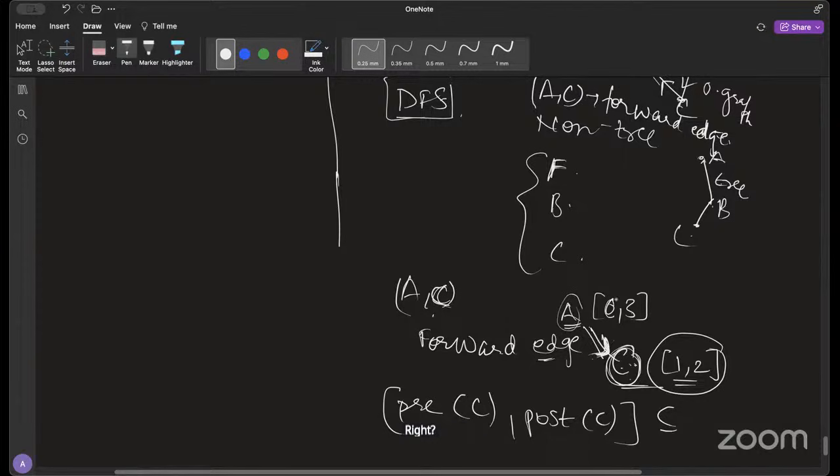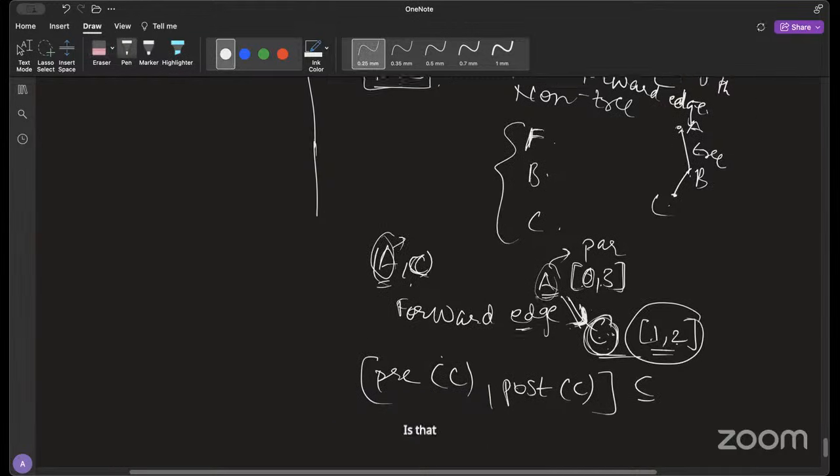That's why you started with A first, then you started with C, you got done with C, and at last you got done with A. So this is called the parent or the ancestor. If you have the parent or ancestor here in the first position, then that's a forward edge. But if it goes the other way, then that's a back edge. Back edge is the opposite of this forward edge.